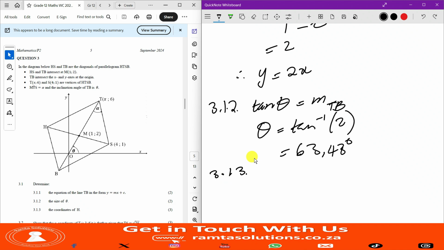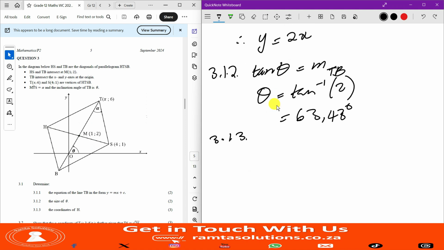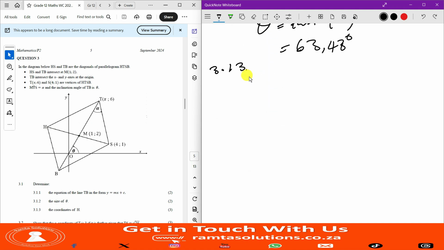Now 3.1.3: determine the coordinates of H. HTSB is a parallelogram. So this means the diagonals will bisect each other. So M is the midpoint of TB, and it's also the midpoint of HS. By so saying, I'm going to use the midpoint formula: x of M is equal to x of H plus x of S all over 2.